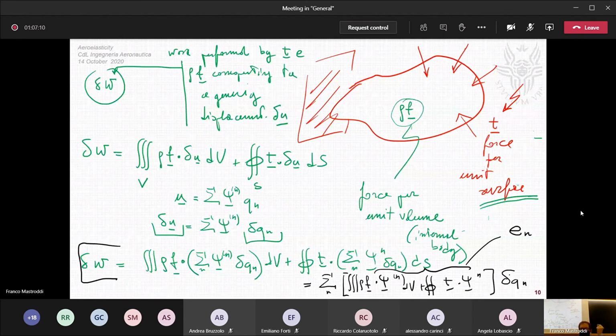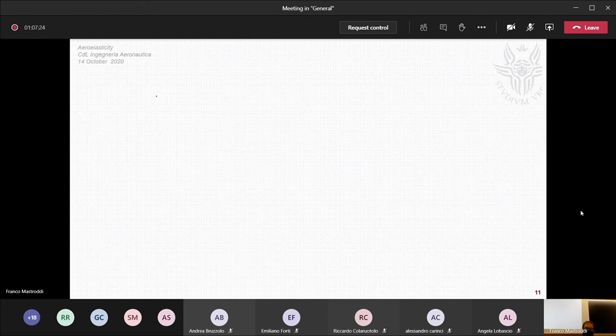You can evaluate this work by multiplying this generalized force by the corresponding generalized coordinate. And that's the definition of Em.